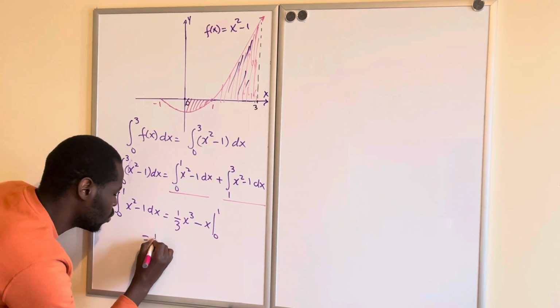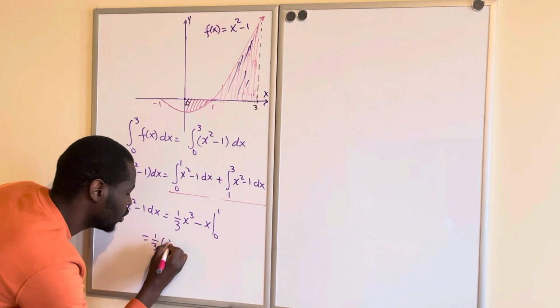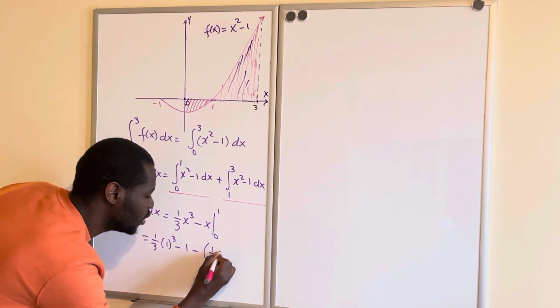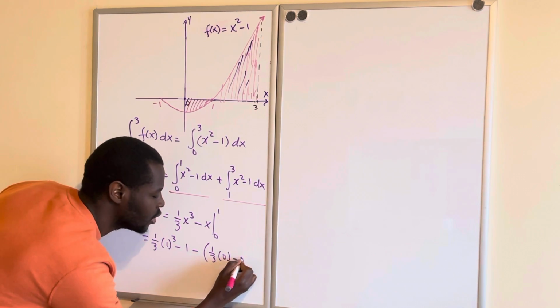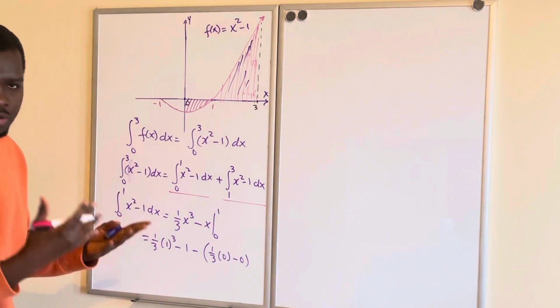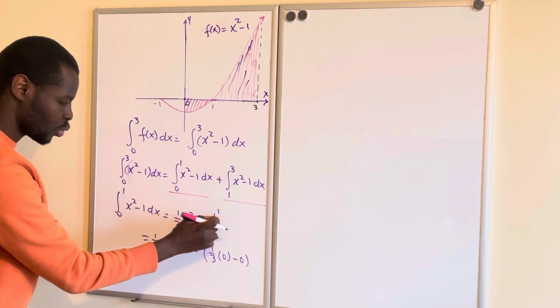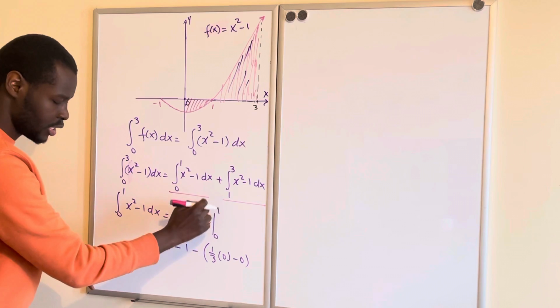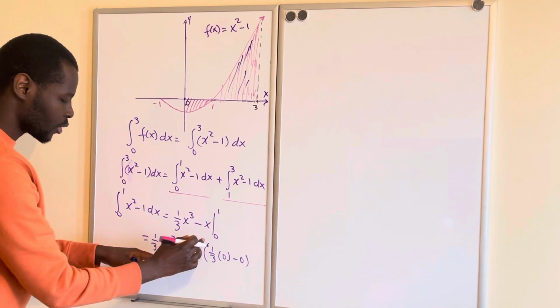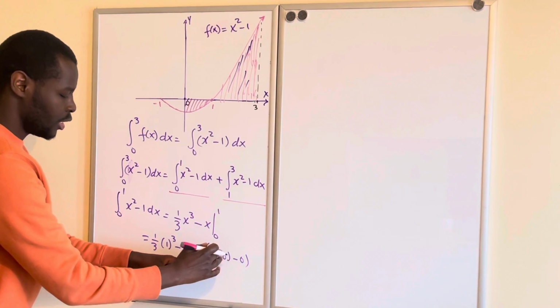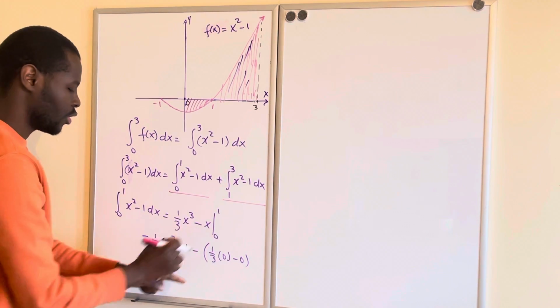This equals 1/3 times 1 cubed minus 1, minus 1/3 times 0 minus 0. Because it's a definite integral, we have to plug in the values. You take the antiderivative at x equals 1, the top limit of the interval, minus where we substitute x equals 0.